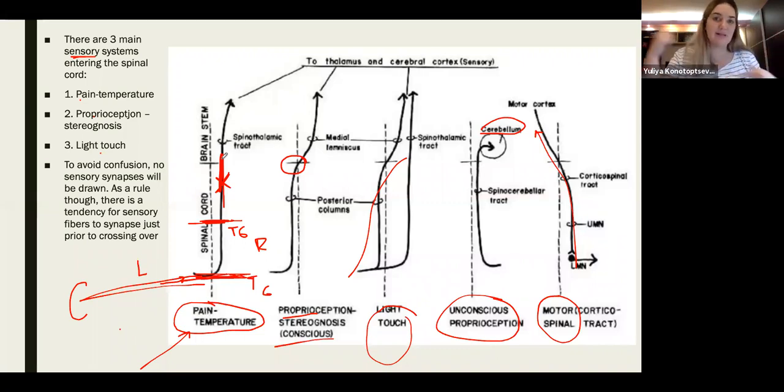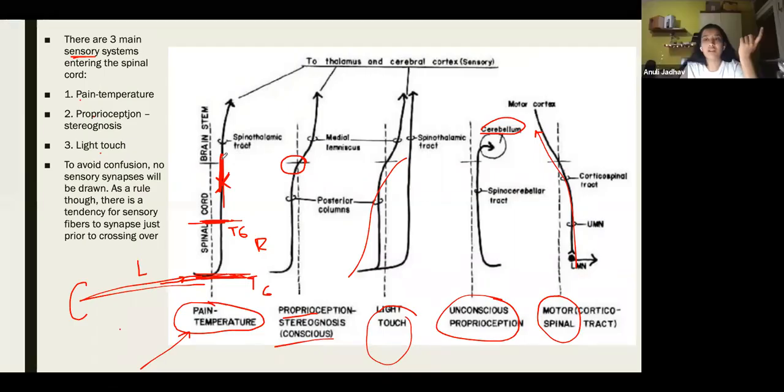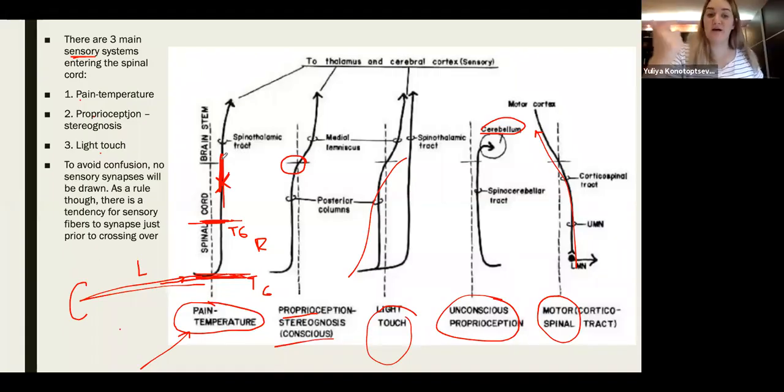This is the contralateral component, right? So if your patient comes to you and says, I cannot feel pain in my right arm, what do you start thinking? The left side, but above T6. Yes, but which tract, pain?